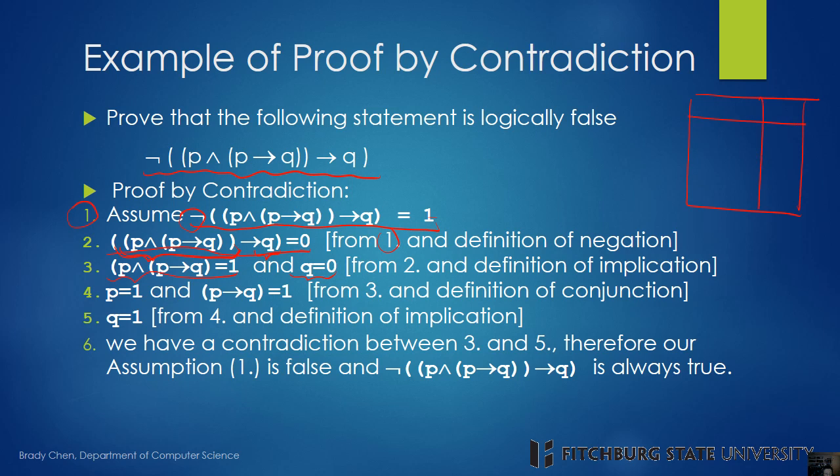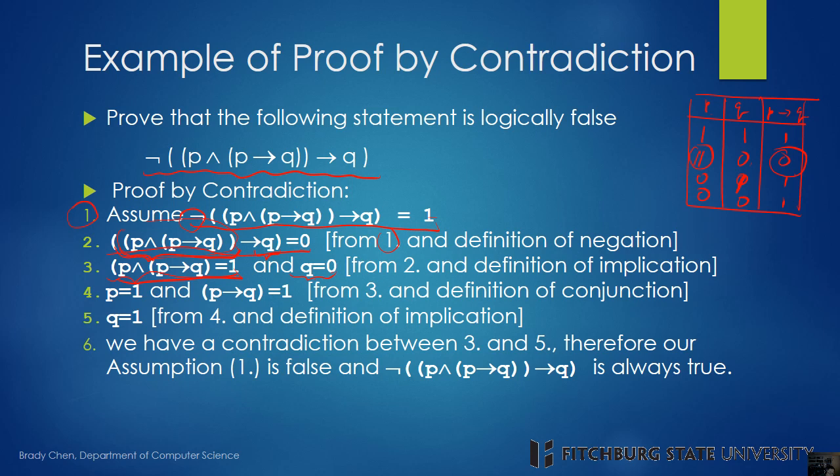Remember here's P and Q: if P is 1, Q is 1, then P implies Q is 1; if P is 1, Q is 0, that's 0; and with 0, 0 and 0, 1, either one is 1. So if P implies Q is 0, then P is 1 and Q is 0. And in that case, P is this compound proposition, so the first part is 1 and the second part is 0. So Q is 0.